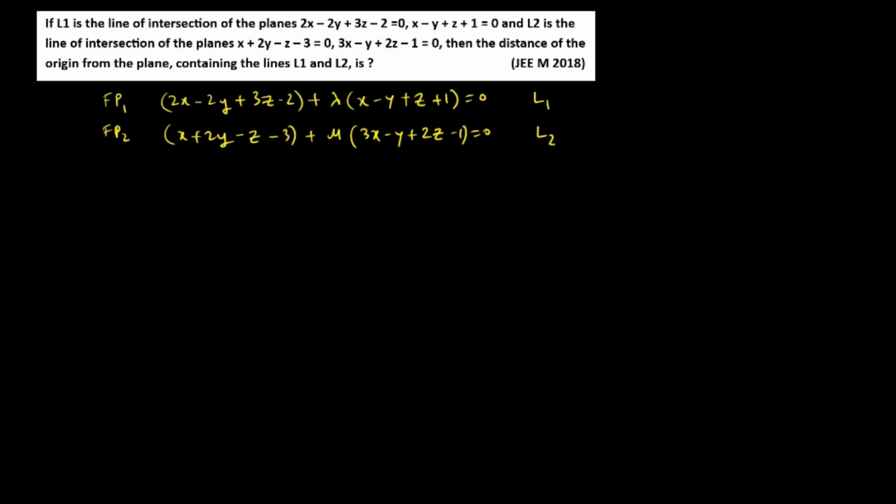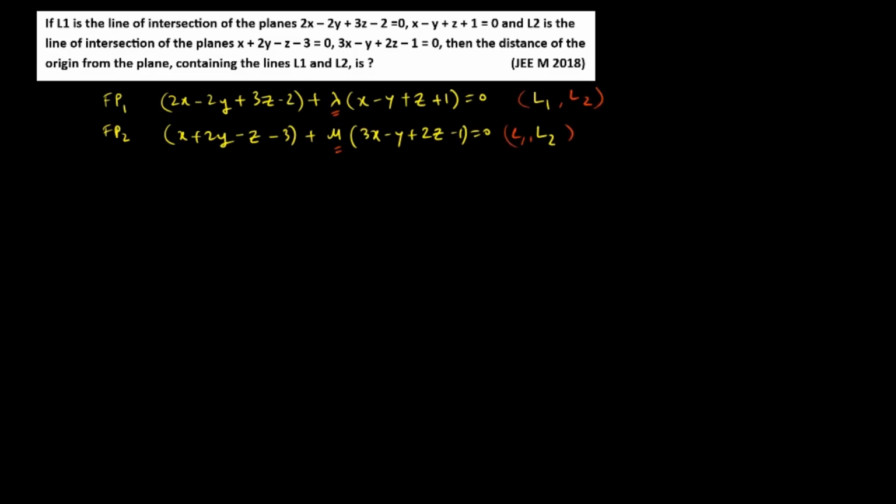So for some specific value of lambda and mu, there would be a plane in both the families that contains both L1 and L2, right? So we can find those specific values of either lambda or mu, right? And then we can get that plane.